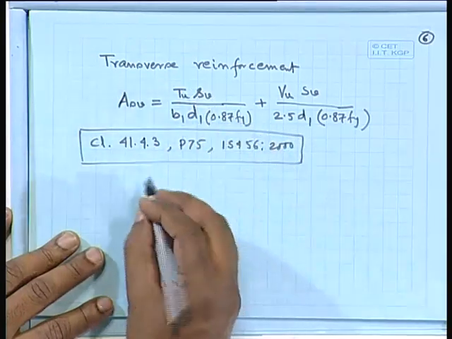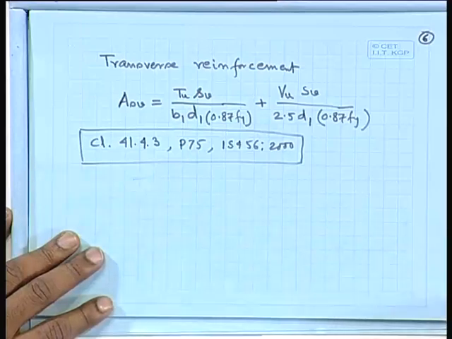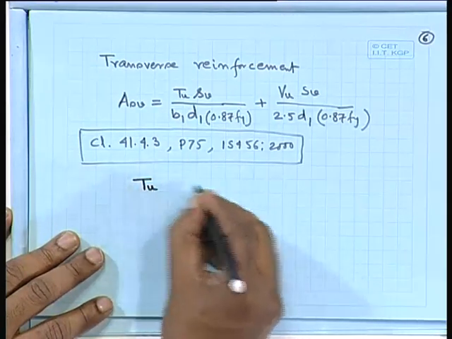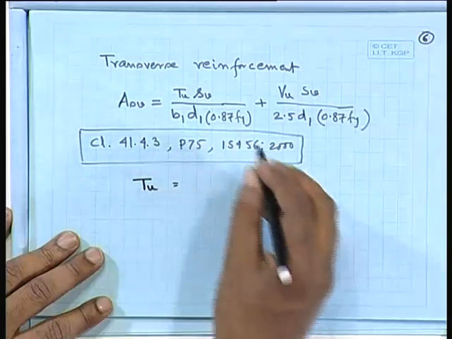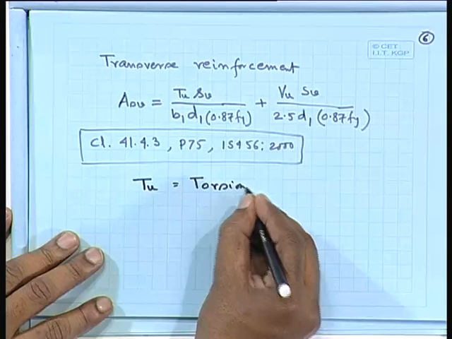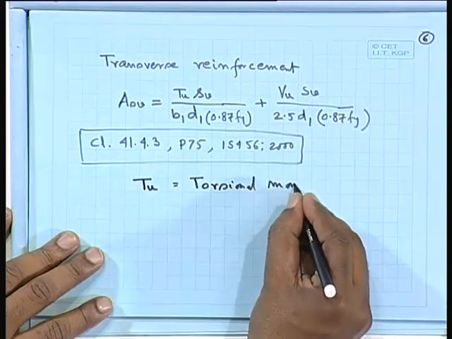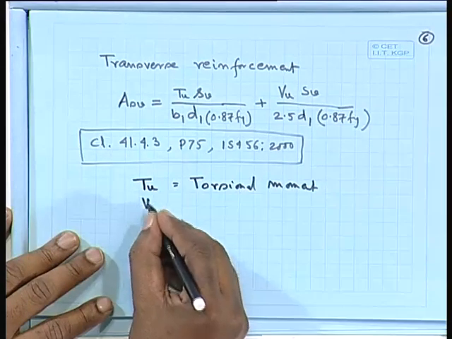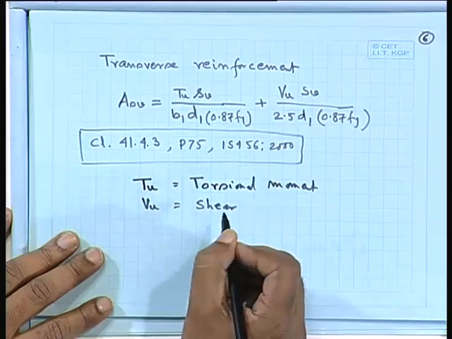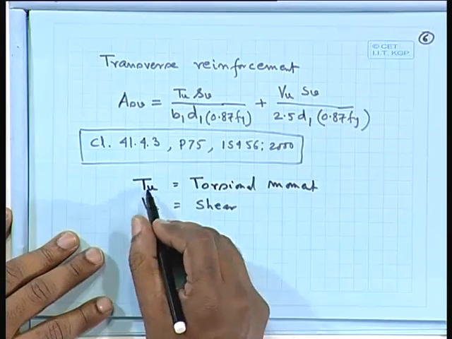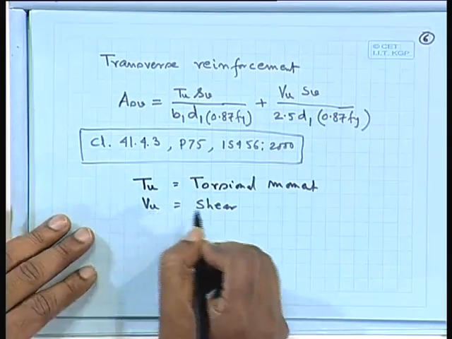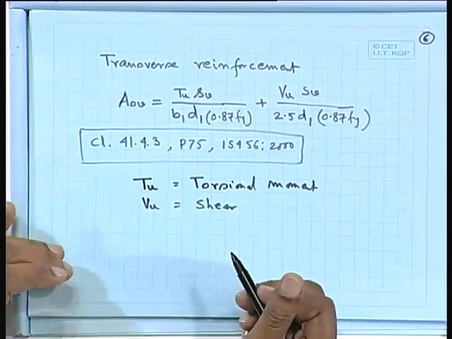So Tu is the torsional moment, Vu is the shear. It is not the equivalent one, we have not taken the equivalent. Please note that Vu is the shear whatever it is coming due to applied load.